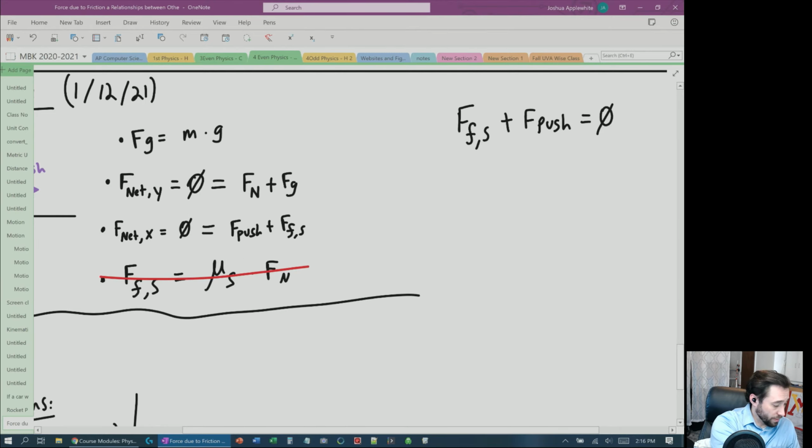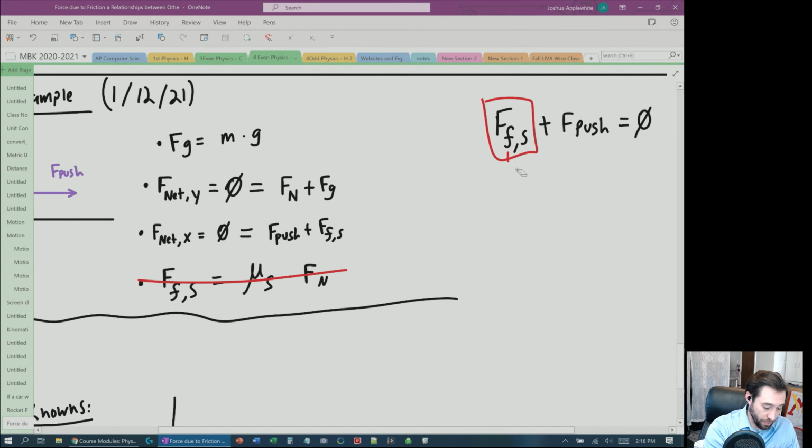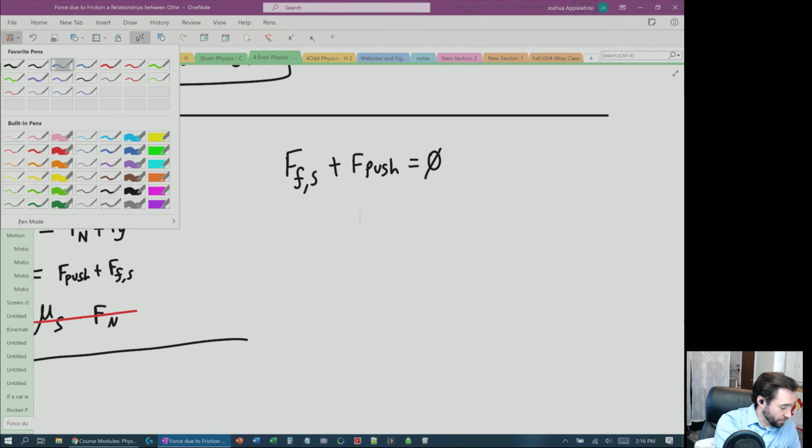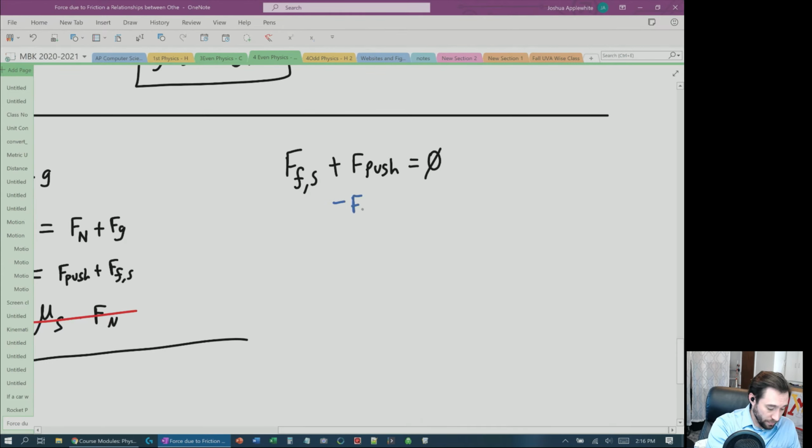So I want to solve this for the force due to static friction. This is added to this. In order to get this out of there, what do I have to do? I have to subtract. So if I subtract it on this side, it cancels out. And then I get minus F push.